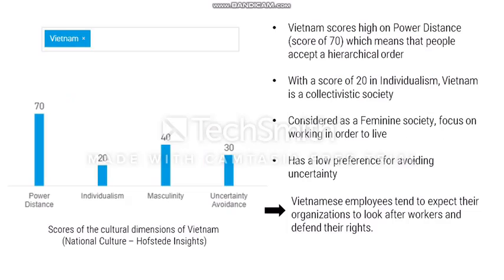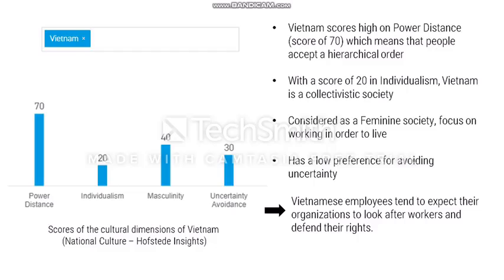This is a graph that shows you the scores of the cultural dimensions of Vietnam. You can see that Vietnam scores high on power distance with a score of 70, which means that people accept a hierarchical order, and with a score of 20 in individualism, Vietnam is a collectivistic society.